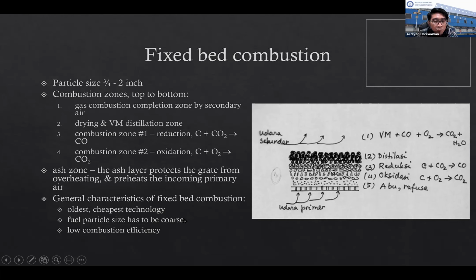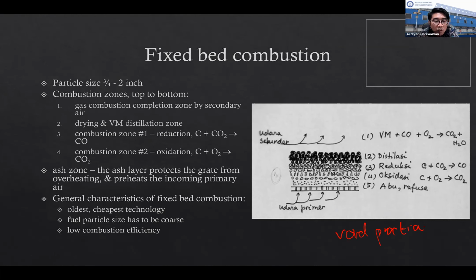Because if you stack the coal and the size is very fine, you might get a very small void fraction. You still remember, right? Void fraction. So if you have a very small void fraction, then the pressure drop of the air flowing from downward to upward will be very high.